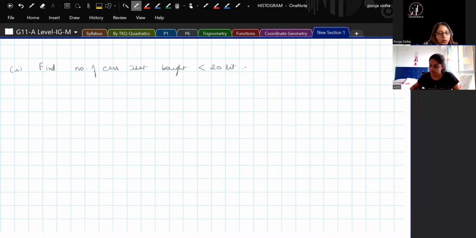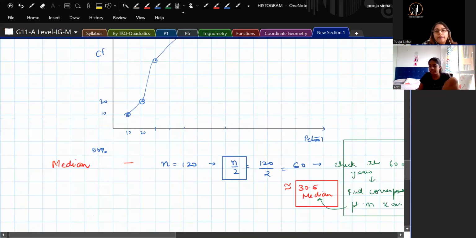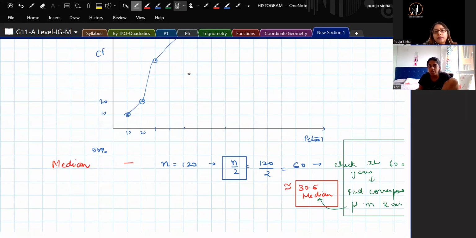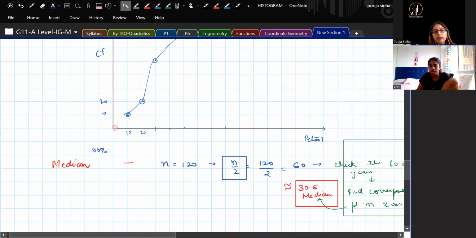So would it be 22 people? So 22 people and 20 liters, right? Less than 20 liters means everybody below this, on the CF.